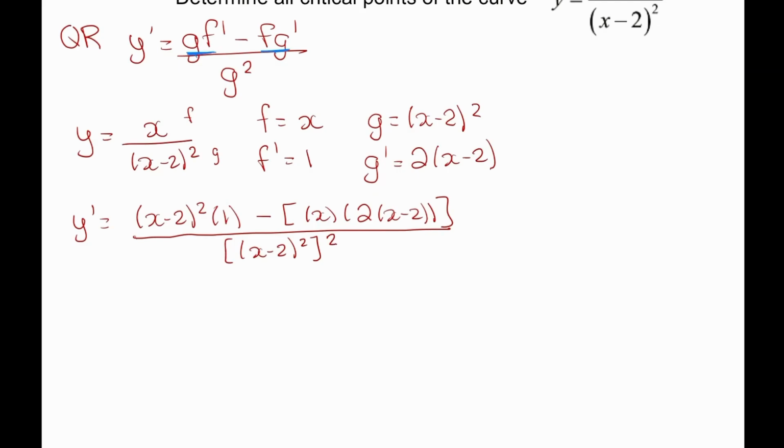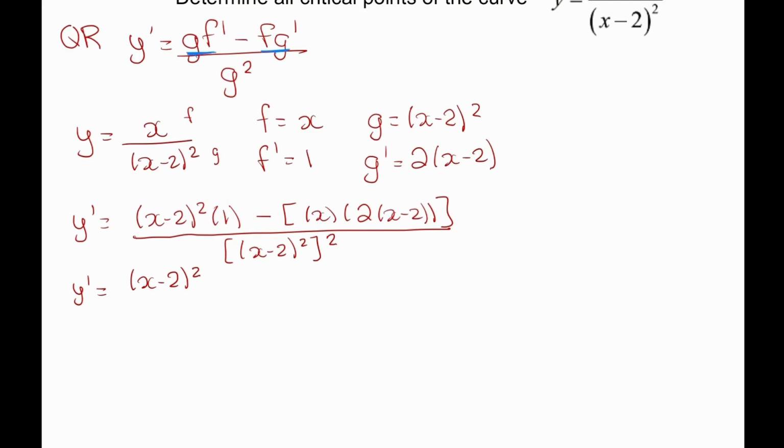So now let's expand and simplify and see what we end up with. If I'm going to expand and simplify this first part, really I'm just getting rid of that 1. So we are left with x minus 2 squared.